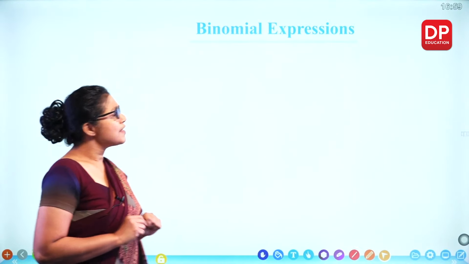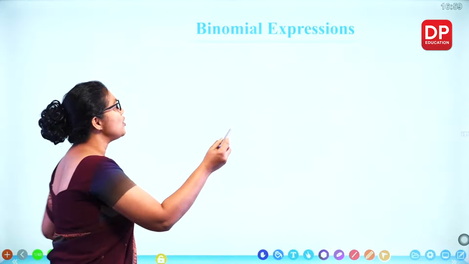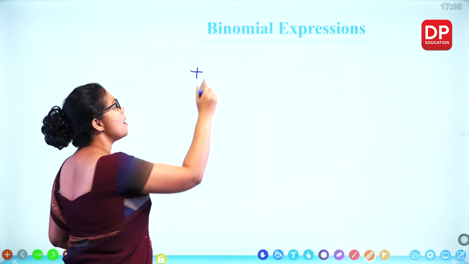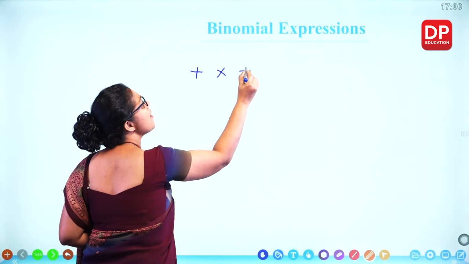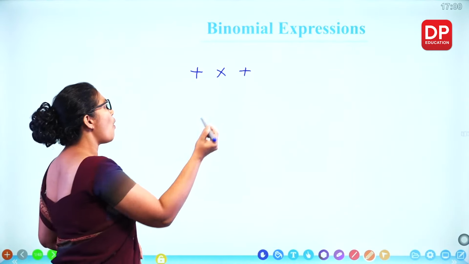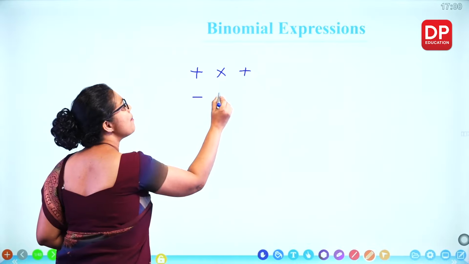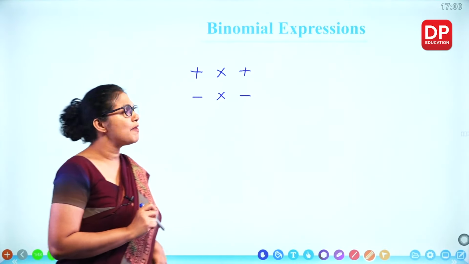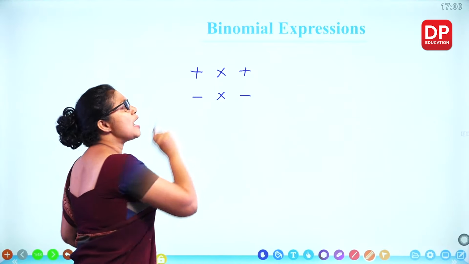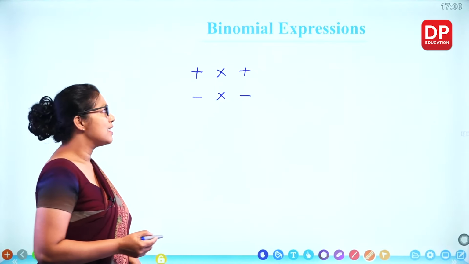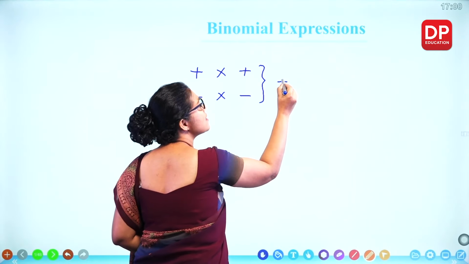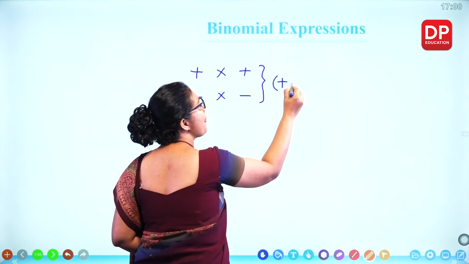First thing you need to know: when you multiply a positive number by another positive number, or a negative number by a negative number, what will happen? You learned this before. When you get same sign multiplication, in both cases you get a positive answer.